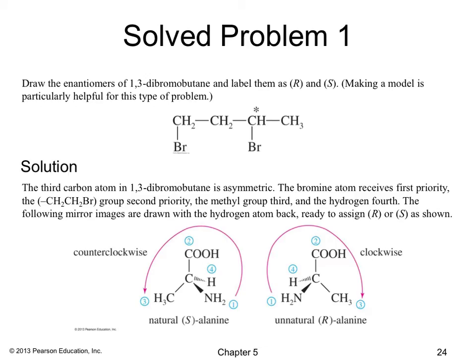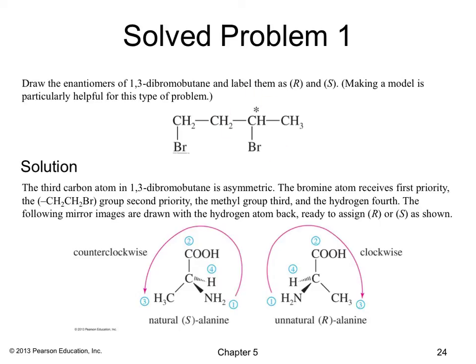So let's go and do a problem. Draw the enantiomers of 1,3-dibromobutane and label them as R and S. Making a model is helpful for this type of problem, and I urge you to do so. You can pause this and do it, and then see if you get the solution right. So the third carbon atom in the 1,3-dibromobutane is asymmetric, which is over here.